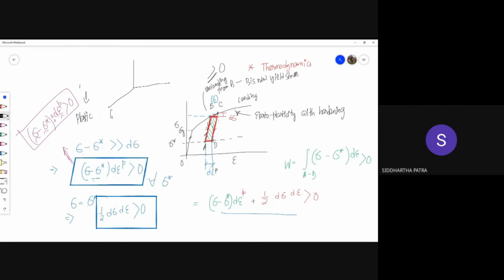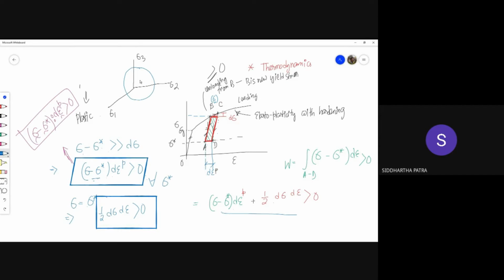So let's say these are your principal directions, and imagine this is your yield surface, be it von Mises or Tresca criteria, whatever the case may be. I'm just showing that on a given plane, let's say the deviatoric plane.